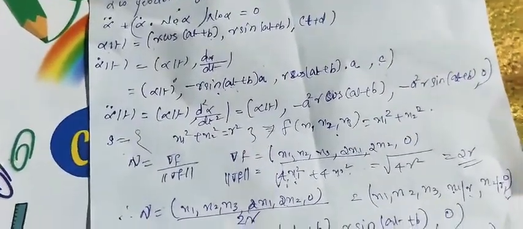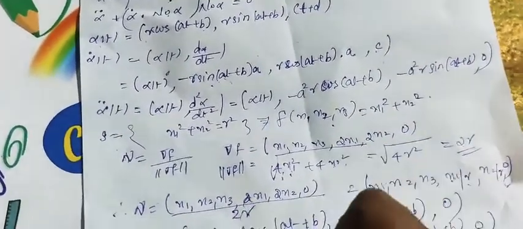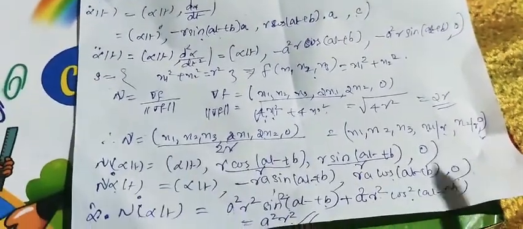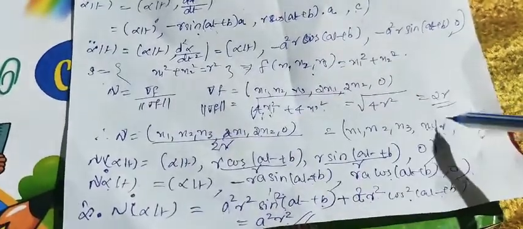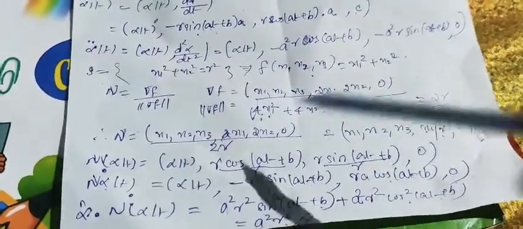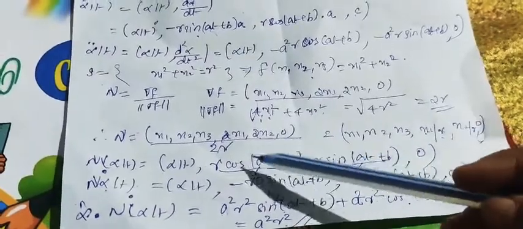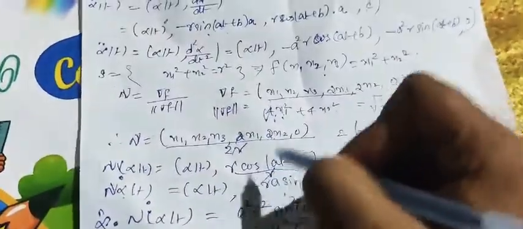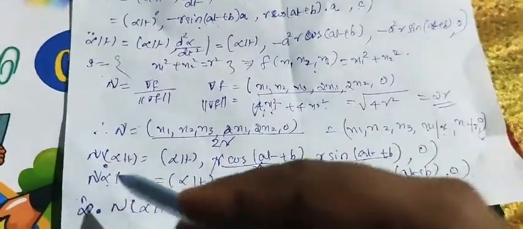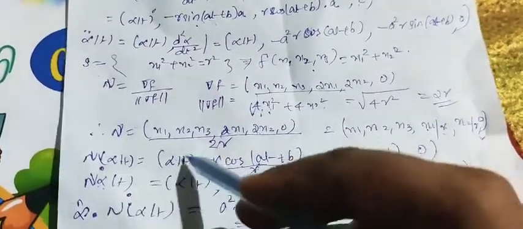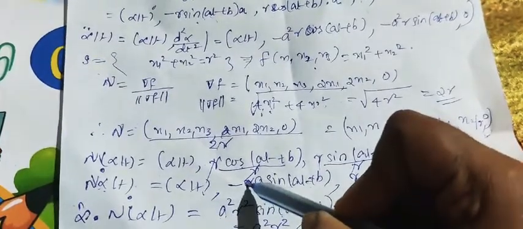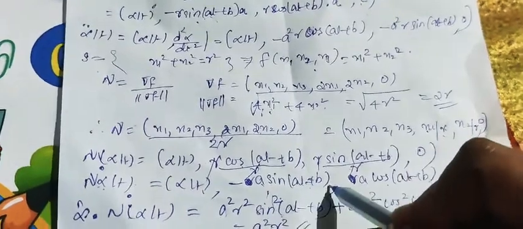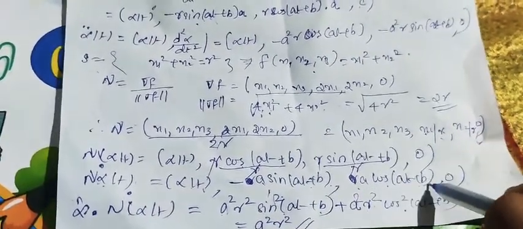So n composition alpha of t is this divided by r and this divided by r. Here x1 is r cos of at plus b, x2 is r sin of at plus b, 0. So r cancels. So n composition alpha of t is minus a sin of at plus b, a cos of at plus b, 0.